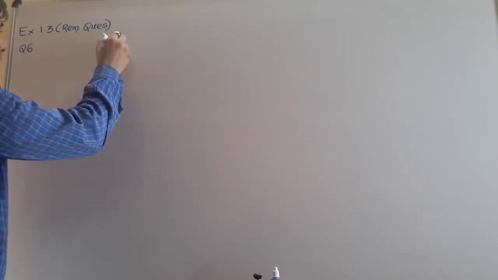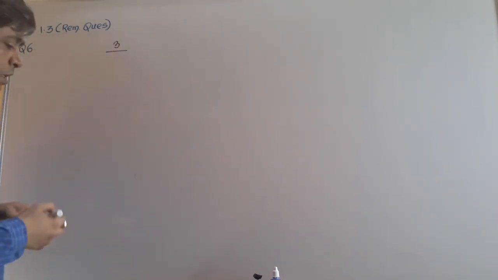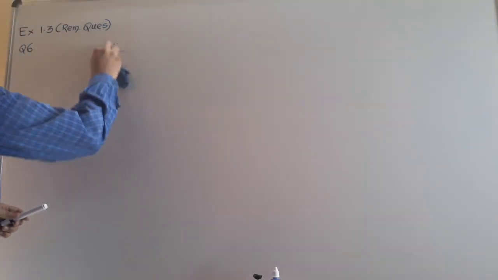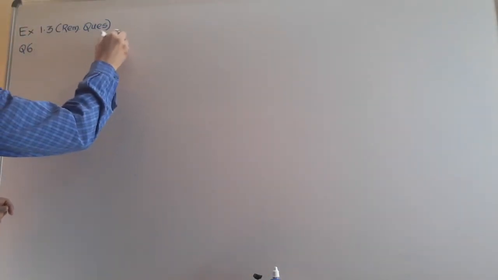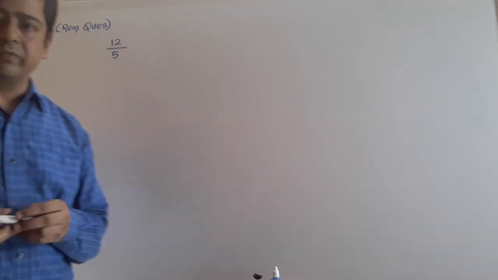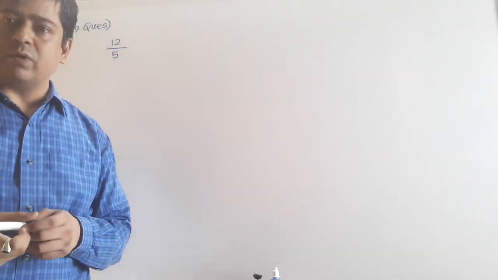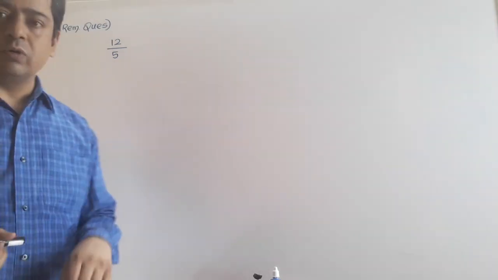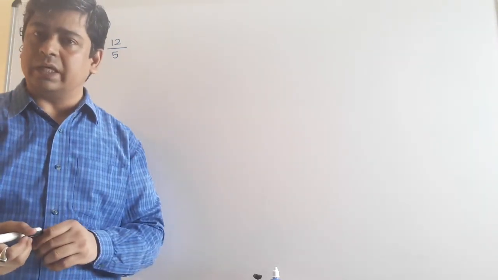Let us see how. Suppose I take a simpler example, 12 upon 5. 12 upon 5 is in the form of p by q. The values of p and q are integers, q not equal to 0, and they do not have any common factor other than 1.